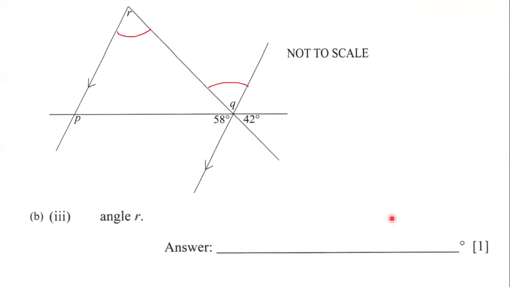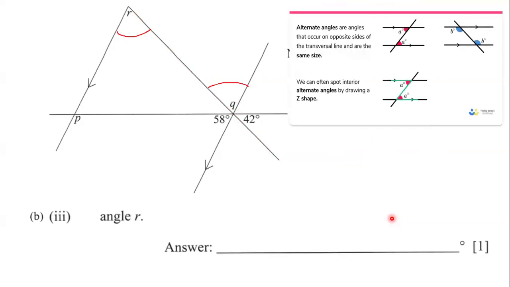Next, we want to determine the size of angle R. Notice that we can often spot interior alternate angles by drawing a Z shape. So a Z shape helps us to identify alternate angles.